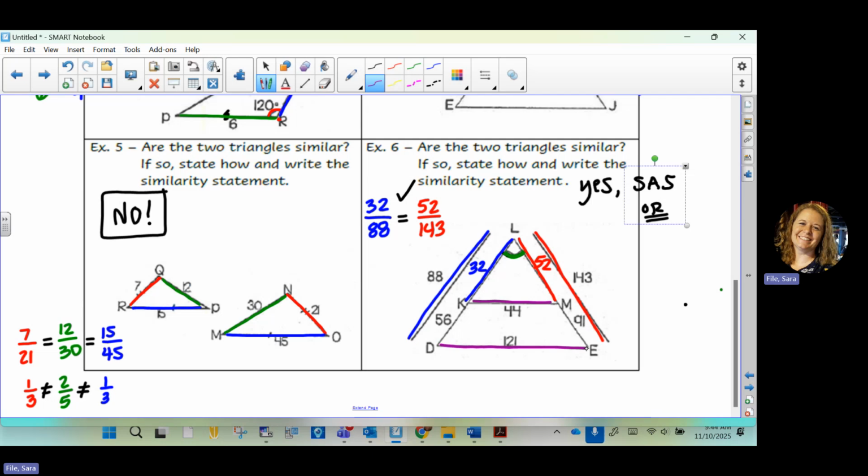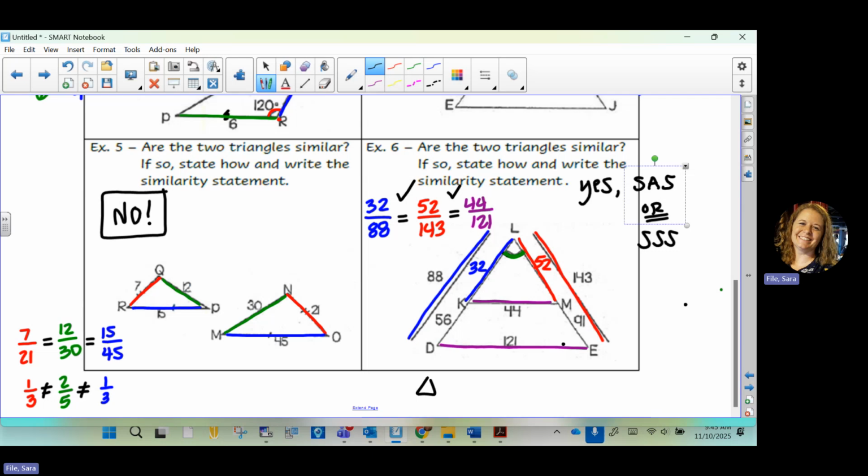Is 44 to 121 also equivalent? It is. So I could have also proven this by side, side, side. So there were two ways to prove it here: side, side, side, or side, angle, side.